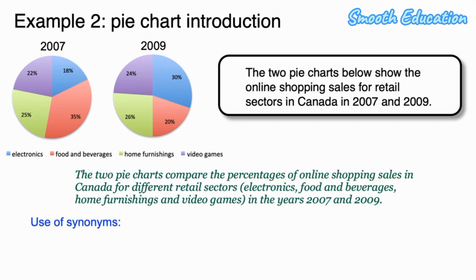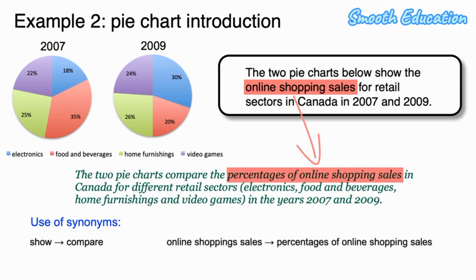Now, let's take a look at how I used synonyms here. In the original question card, we had the word show, which I replaced by the word compare. Then, I paraphrased online shopping sales as percentages of online shopping sales.